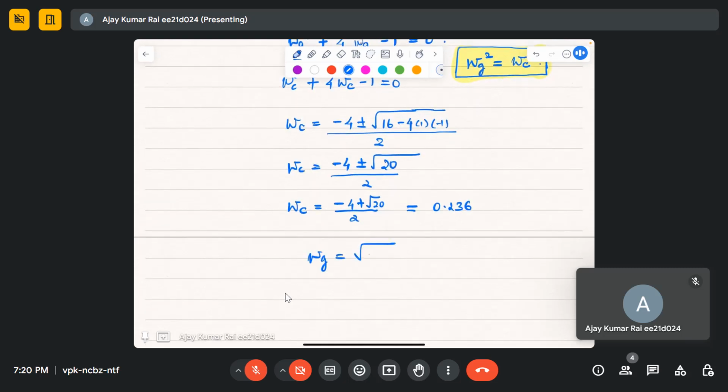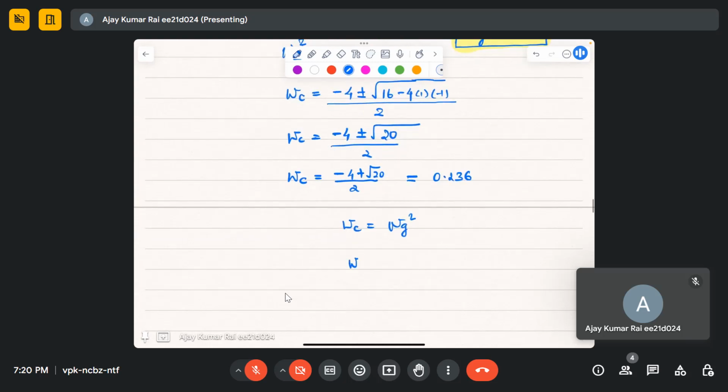Omega g is root of this. Let me write the relation first. And omega g is only the positive root, because we know omega g is also positive.